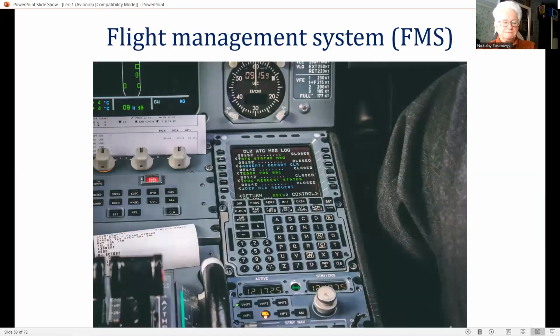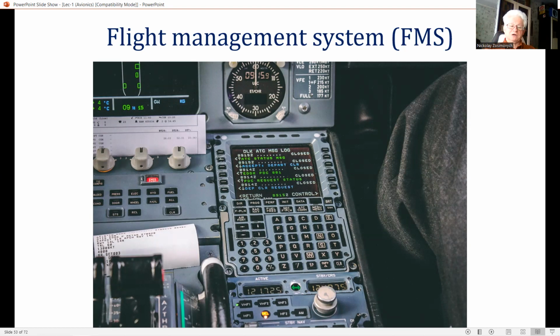It should be noted that this function is carried out by the Flight Management System, FMS, if installed. The autopilot and flight management system have been grouped together because of the very close degree of integration between these systems in modern civil aircraft.